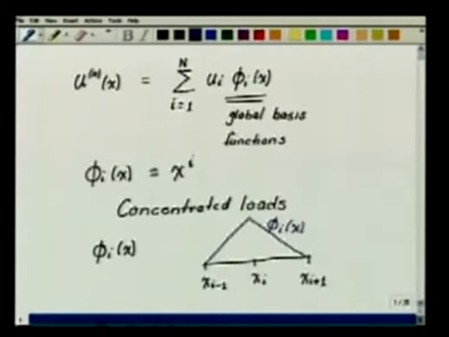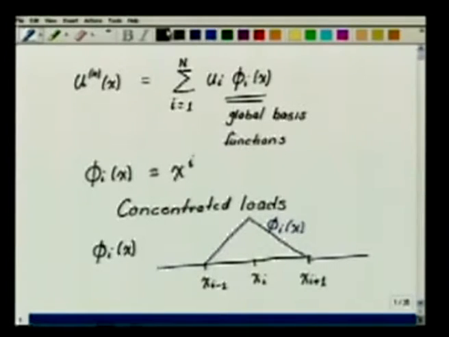This phi I was defined in such a way that it had a value 1 at the point xi, and at the two neighboring points, these are specified points that we have to define, this phi I became 0, and everywhere else in the domain it was extended by the 0 value.